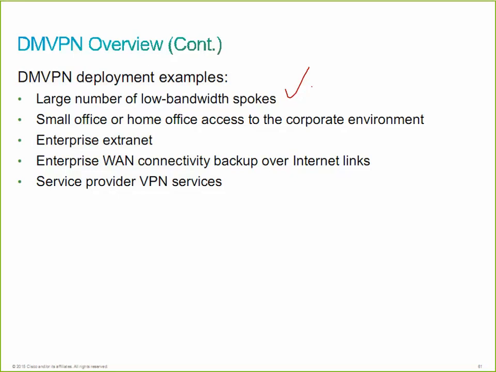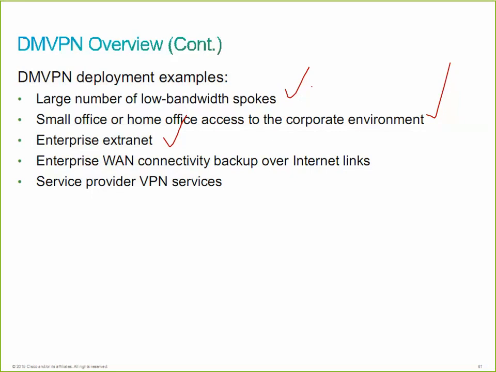Enterprise extranet. Oops, I forgot my little check mark there. Okay? Otherwise, I'll forget which one I talked about. A lot of times, big companies require connectivity to business partners. We see this with banks also, right, that are doing secure financial transactions to other financial partners, right? So DMVPN can be used in this case to secure traffic between the enterprise and those partner sites as well.